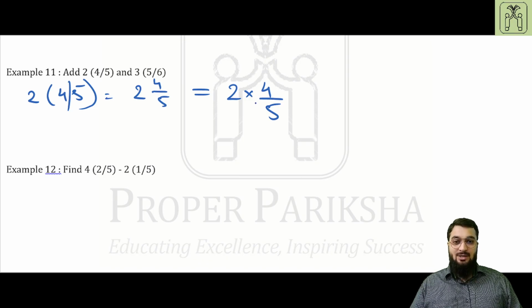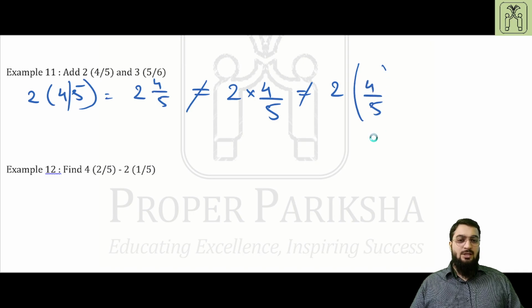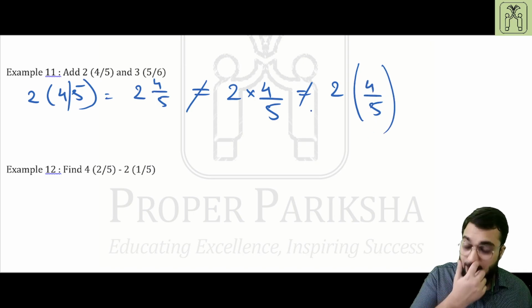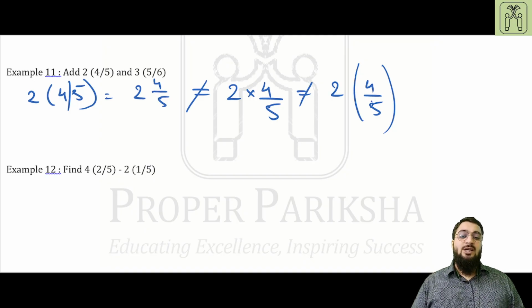Or if it is written as 2 (4 upon 5), then also it will mean a multiplication, because brackets mean that we have to multiply. 2 4 upon 5 in this manner without the bracket will mean improper fraction, and 2 4 upon 5 with brackets but 4 and 5 written in the same line will mean the improper fraction. So I hope you understand.